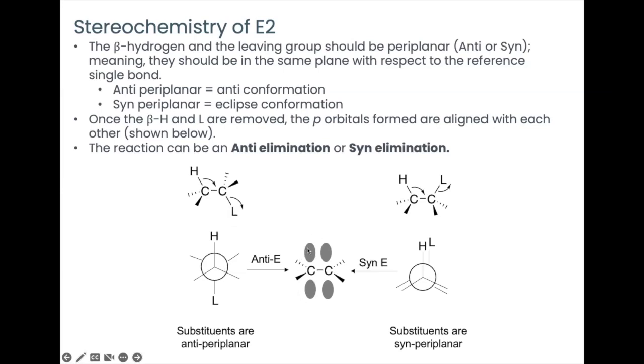You form p orbitals. And then these two p orbitals will now overlap with each other, forming the pi bond. Or it's also possible we remove this proton and the leaving group, you form also this set of p orbitals that are periplanar or aligned with each other. Okay? So you can have anti-elimination or syn elimination. Okay?